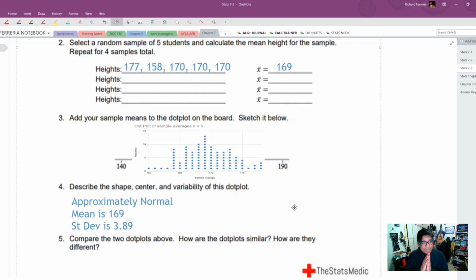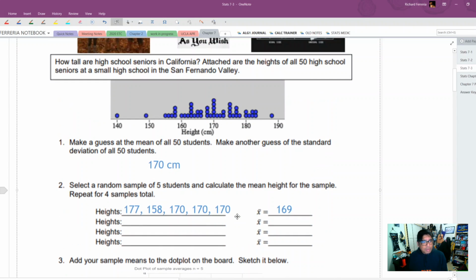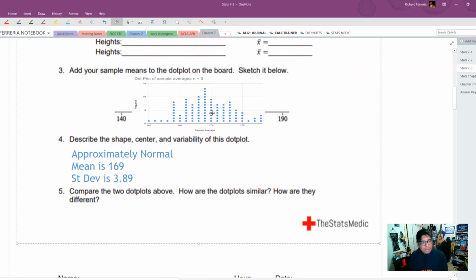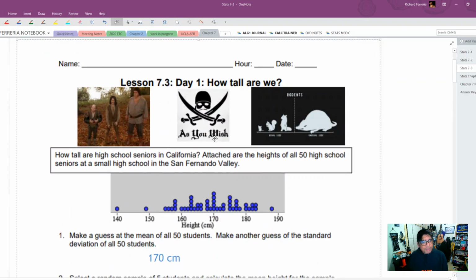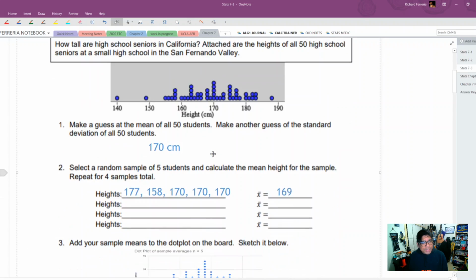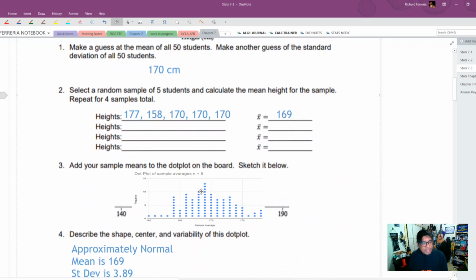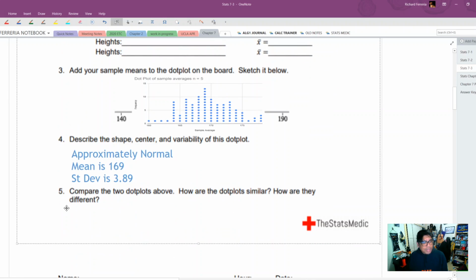So let's compare the 2 dot plots. How are they similar and how are they different? Well, they both have similar measures of center, right? So this one we estimated the center was around 170. This one we estimated the center was around 169.